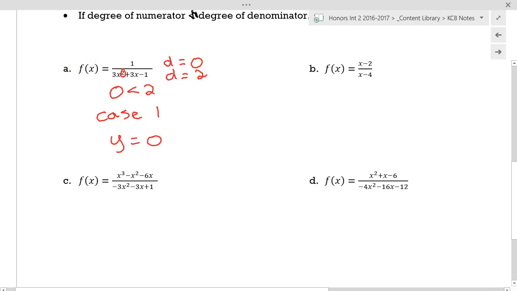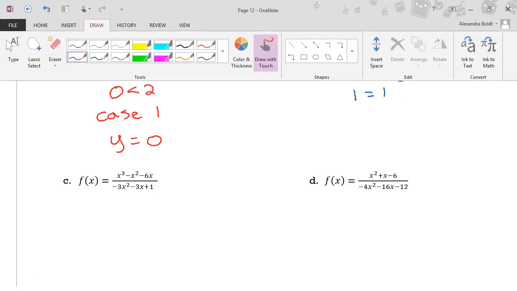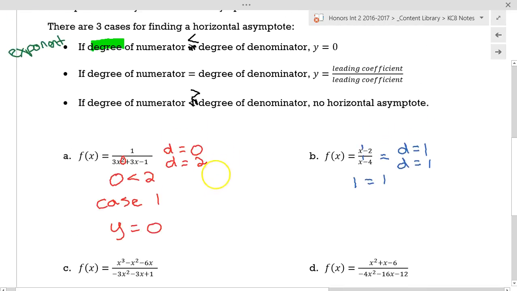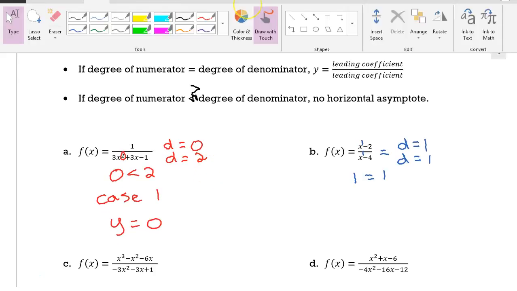Looking at B, the exponent on this x is a 1. Same thing here, I have a 1. So 1 equals 1. This is the one where my numerator and denominator degrees are equal. When they are equal, it's the leading coefficient divided by the leading coefficient.